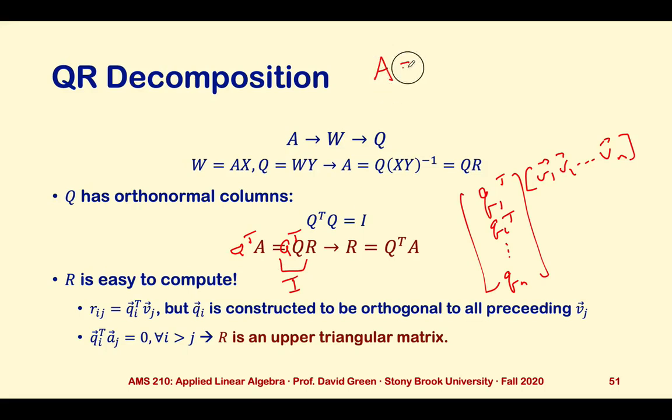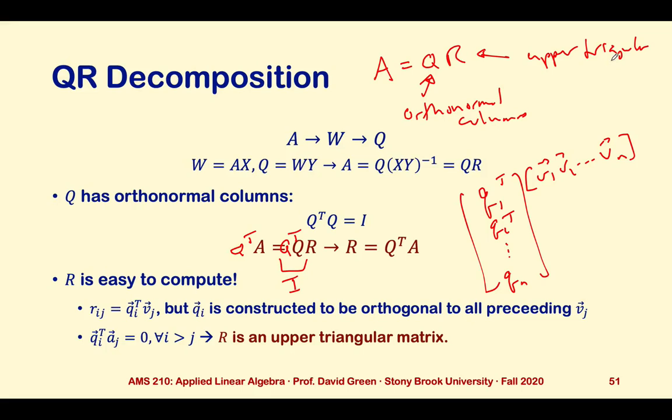We have A equals QR, where Q has orthonormal columns, and R is upper triangular. Another decomposition of a matrix into two matrices that each have very special rules.